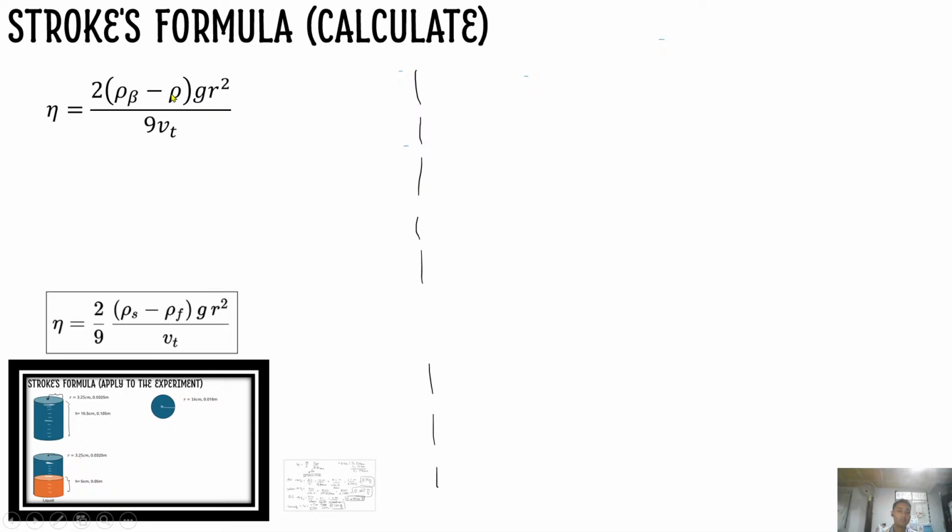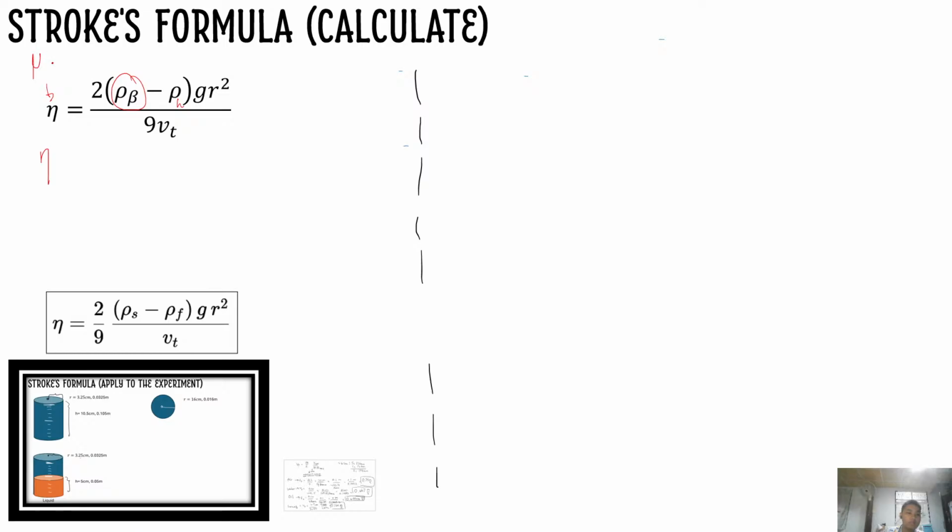Right. So I put this in as the density of the ball, and this is the density of each liquid, which changes: A for air, water, oil, and honey. So let's start off with the air. This is viscosity, if you remember.